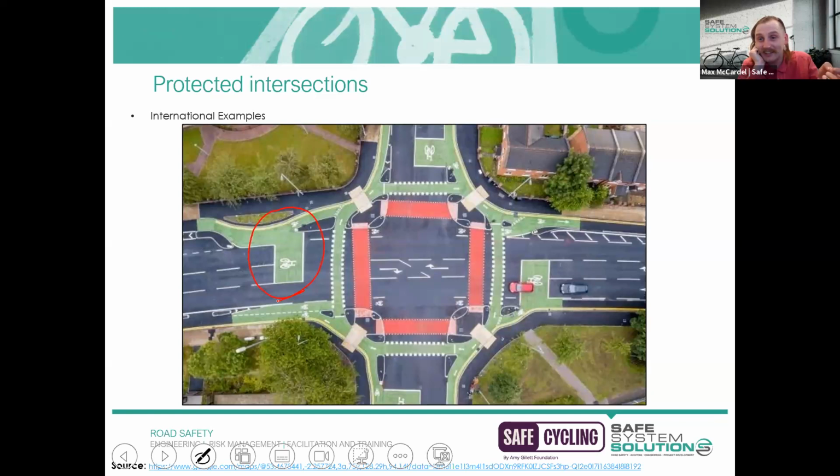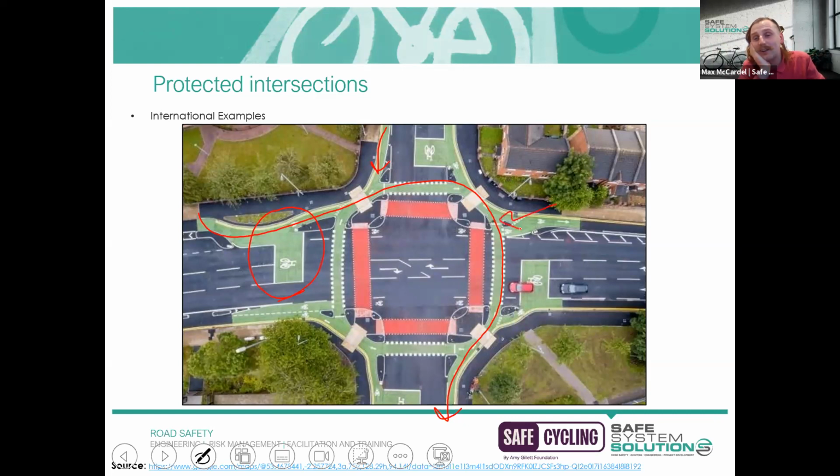And in particular, right turning cyclists may not want to do this type of movement. And I should also say, they may have to pause and wait there because they're going to get a red light and then wait for their green and then pause and wait there because they've got a red light again.